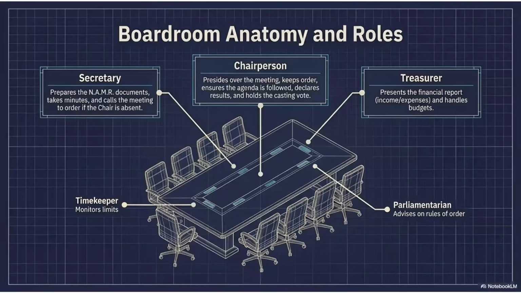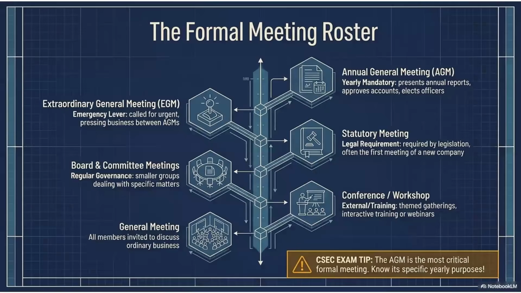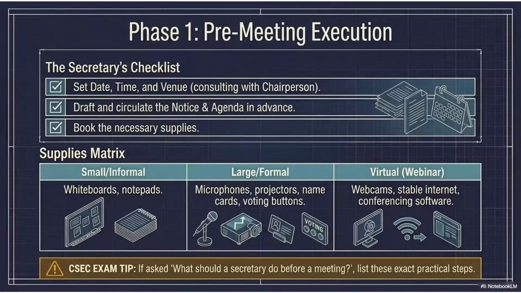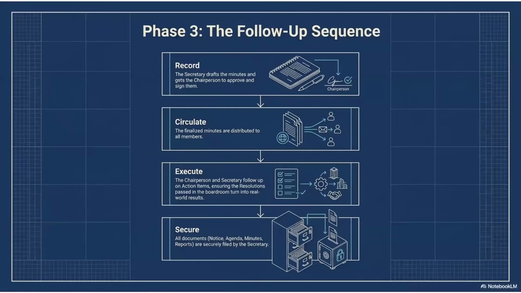The names of the different persons: secretary, chairperson, treasurer, proxy, and ex officio. You could do timekeeper and parliamentarian, but we really don't ask about those. I want you to make sure you go through your formal meetings, go through the 3 phases: what happens before the meeting, during the meeting, and after the meeting.